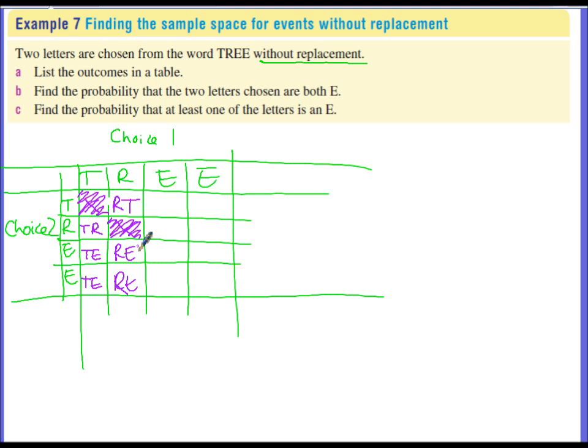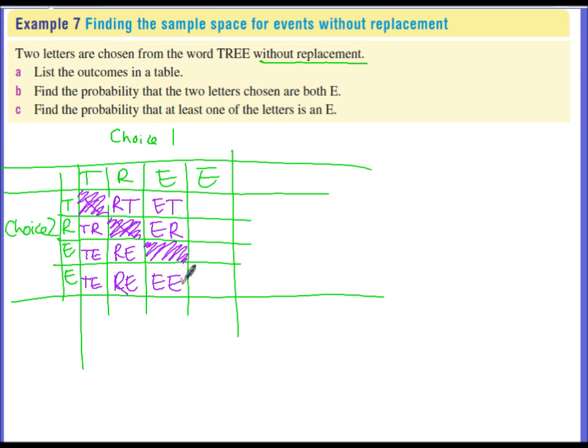Always choose RE. RE is good for you. Let's say in choice 1 I choose E. Well, I can get a T. I can get an R. I can't get the same E, so that one's gone. But I can get this other E.